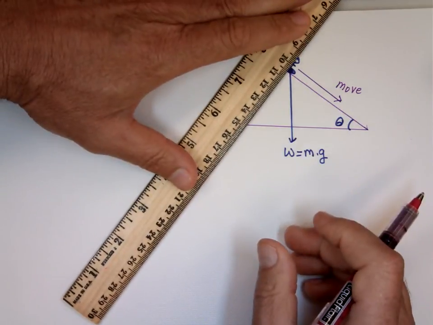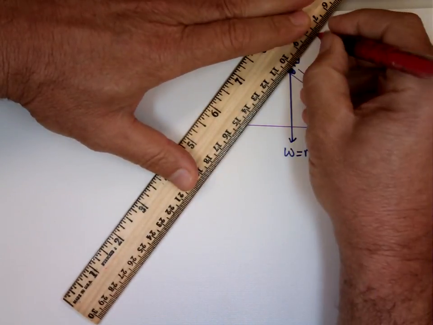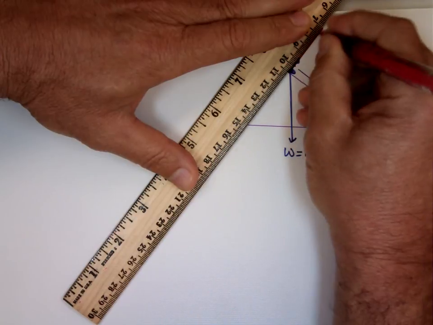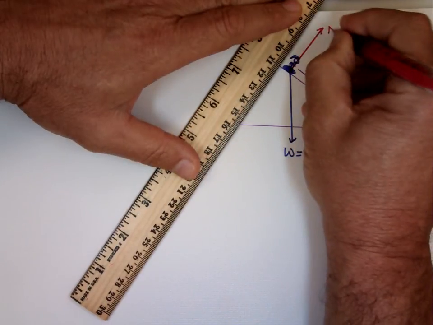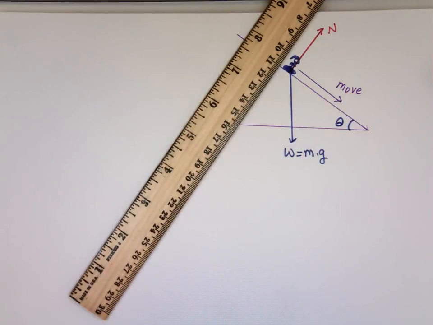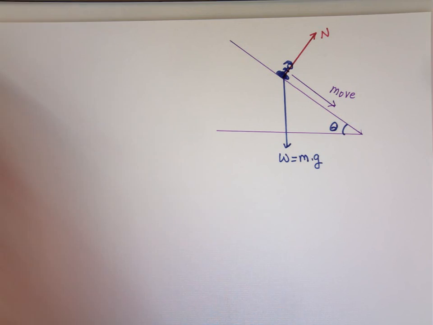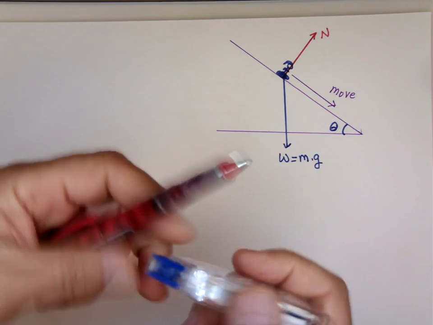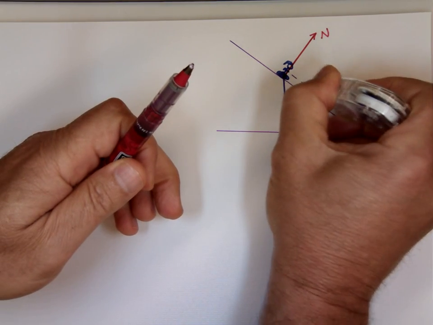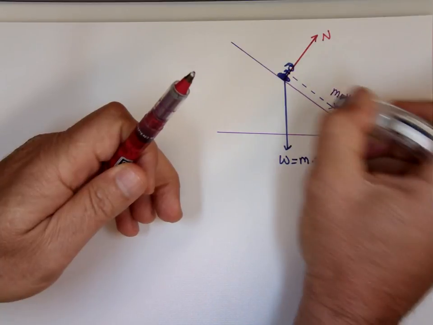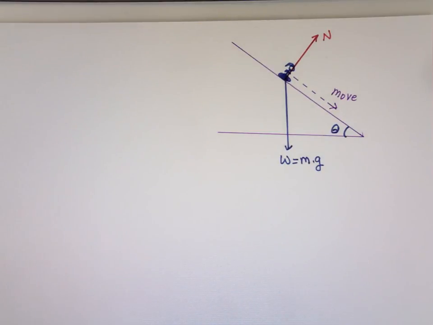This dotted line is not a force, just the direction you're going to move. So you only have two forces acting on you: your weight down and the normal force in that direction.